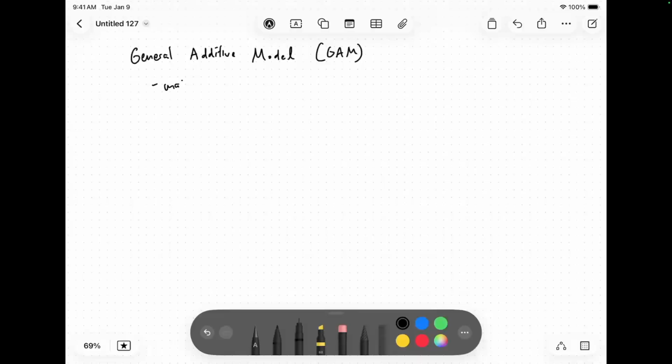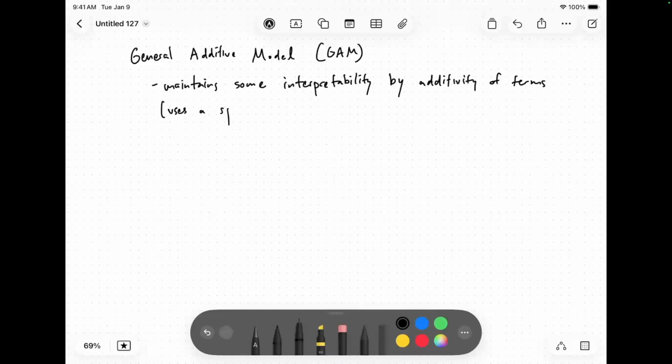This maintains some interpretability by additivity of terms. It uses a spline for each individual variable and adds them together.